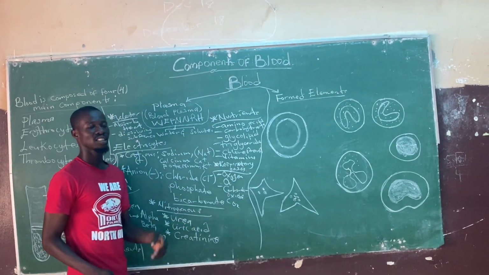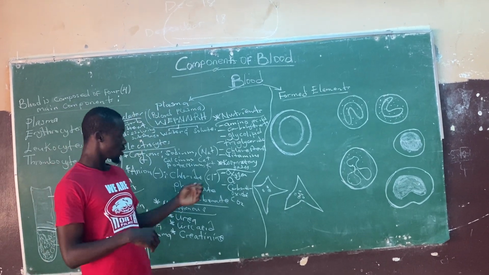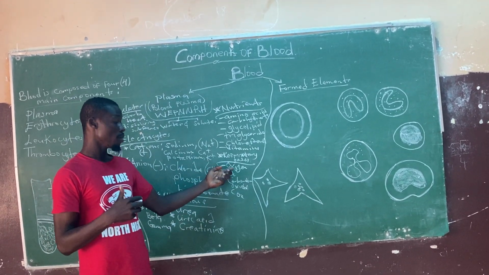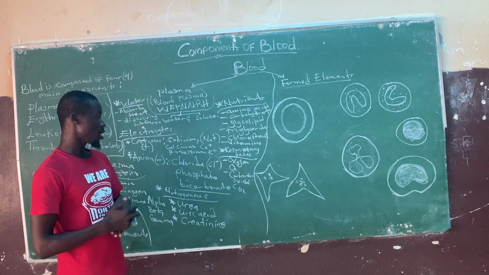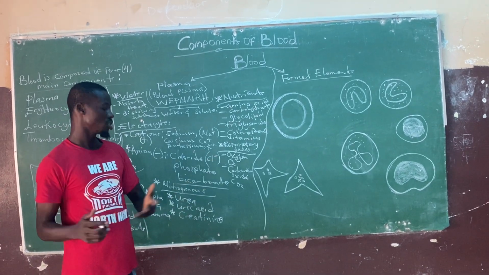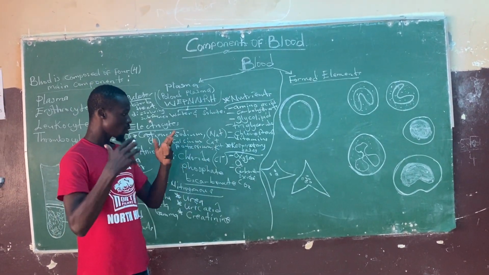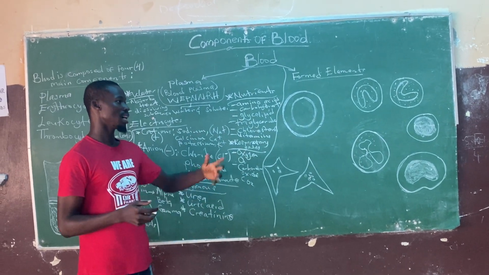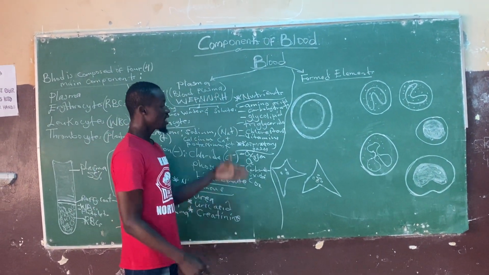This is a waste gas that is removed from the lungs and is carried by the same red blood cell when it is deoxygenated, meaning it has no oxygen. They take this carbon dioxide back to the lung and refill.